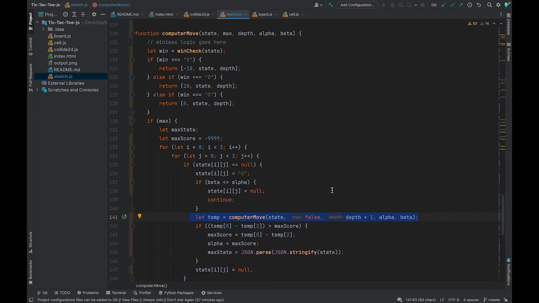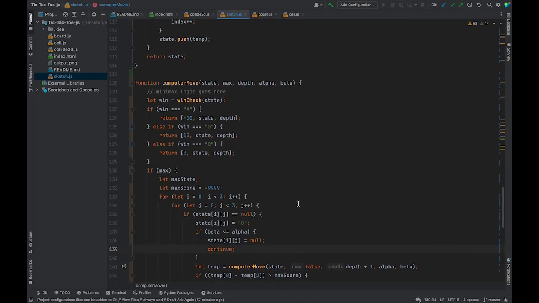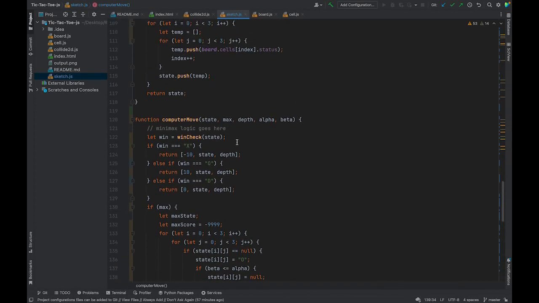For each and every recursive call, it is going to check on line 122, after the user clicks on the cell, whether it is a winnable move or a loss. Based on that, if it's a win, it's going to return -10.